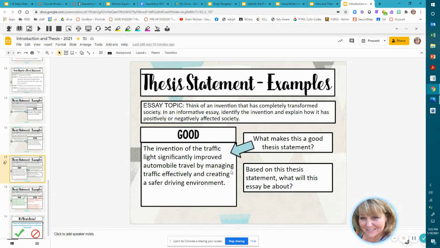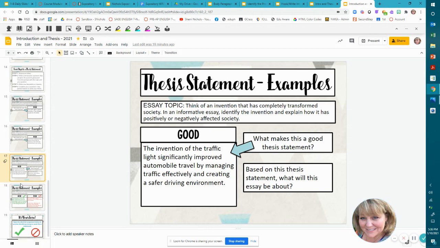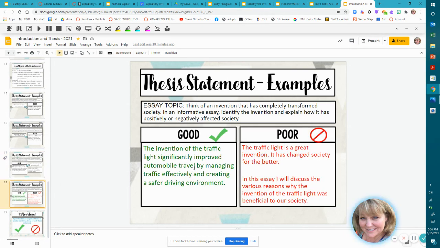Body paragraph 1 would be about managing traffic effectively, and body paragraph 2 would be about creating a safer driving environment. And you would prove those, and you have to prove your thesis statement.